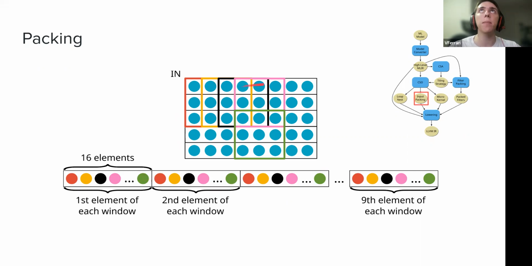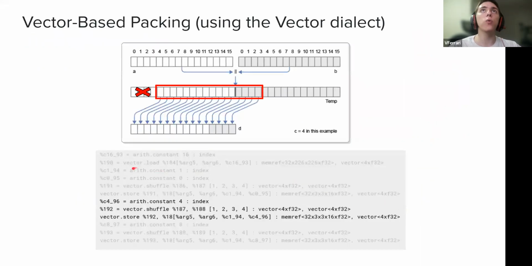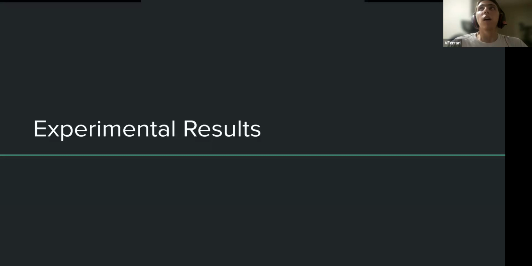You're packing the same element multiple times. So you can just read a vector once and then just keep shifting them and storing them again and again to save on memory reads or cache reads. Okay, so this is what I wanted to talk about, the actual algorithm, how it works and how I implemented it so far.